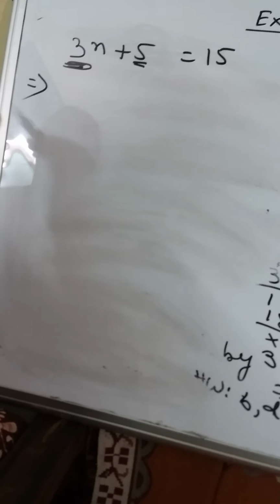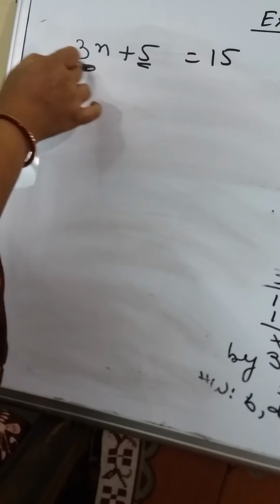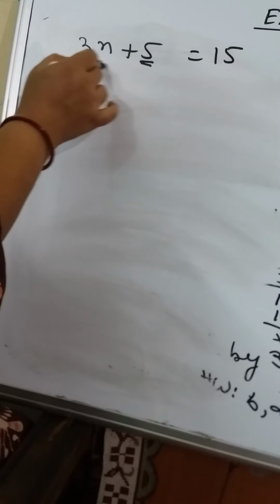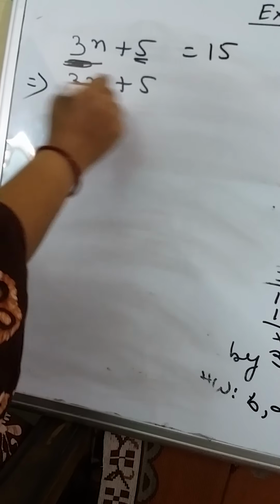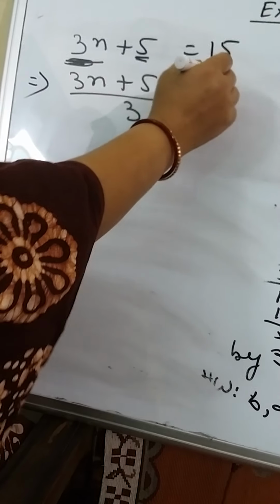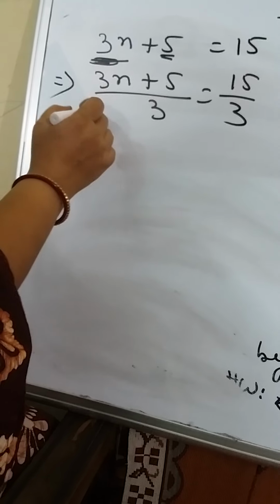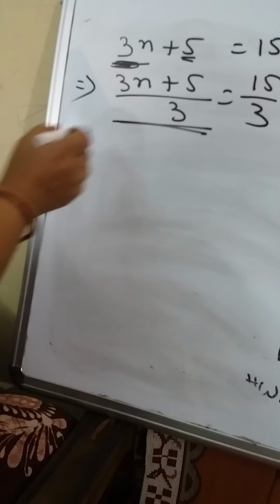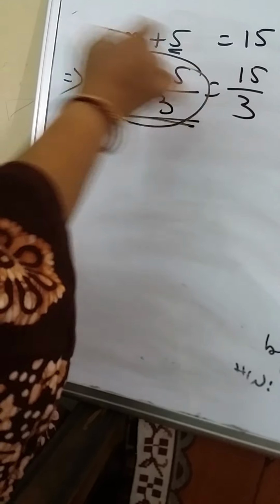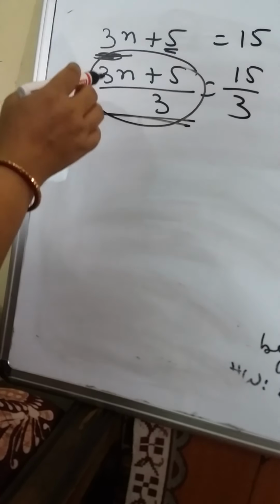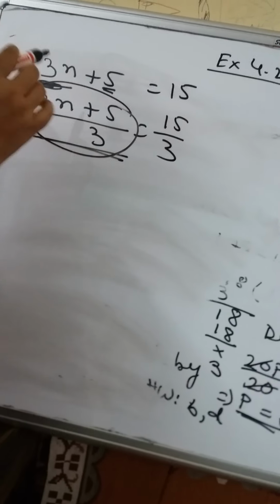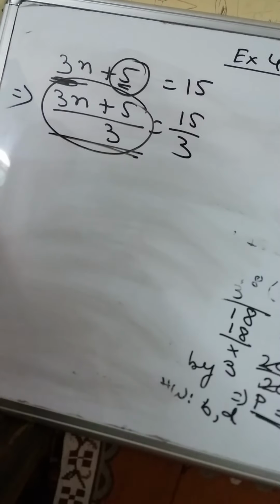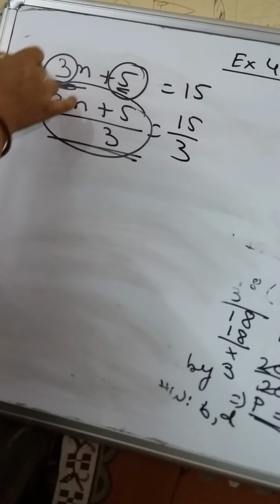If I have to remove this 3, that means I have to divide by 3. But now here this process is becoming complicated rather than being simplified. So generally we remove this 5 first, then we remove this.